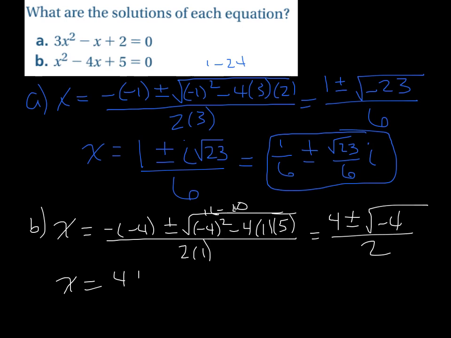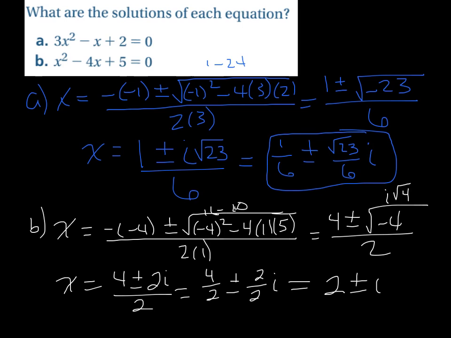So that's going to be 4 plus or minus, the negative is i, so this would be i square root of 4, but the square root of 4 is 2. When I split, I would have 4 over 2 plus or minus 2 over 2 i, which gives me 2 plus or minus 1i. And there is our solution.